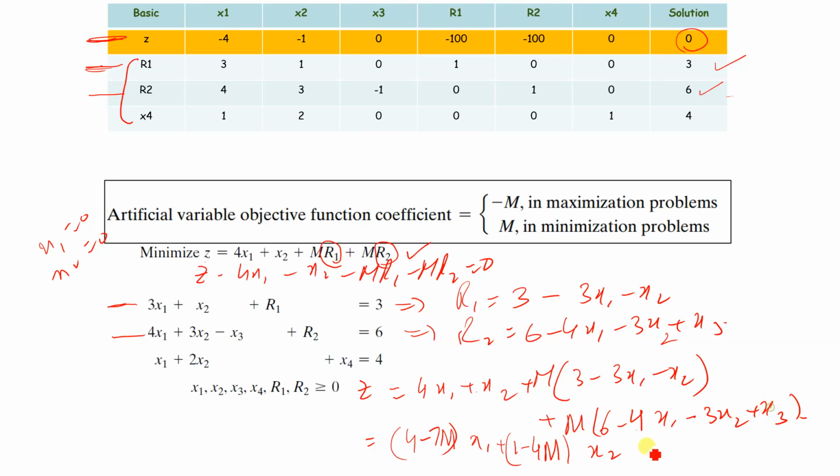And we have x3 here, so plus Mx3. And what else? We have 3M here, we have 6M, so this is plus 9M.